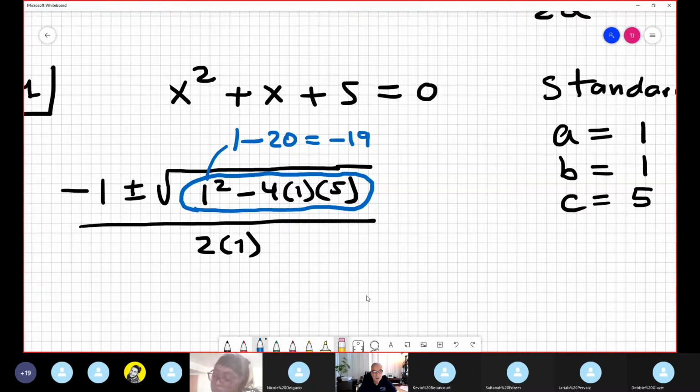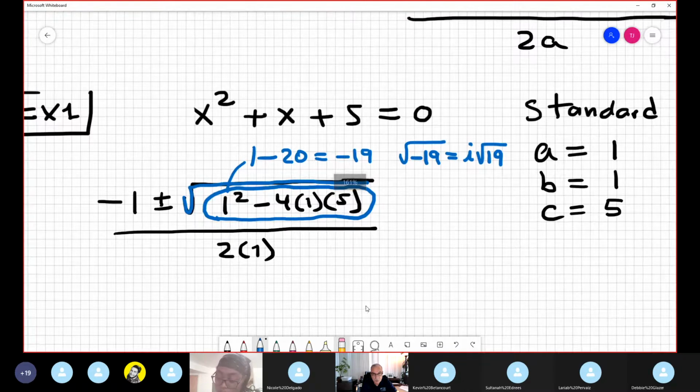Okay. Now, when you have negative 19, you compute the square root. When you have a negative inside, the square root is imaginary. And 19, you know, is a prime number, so we cannot simplify anymore.